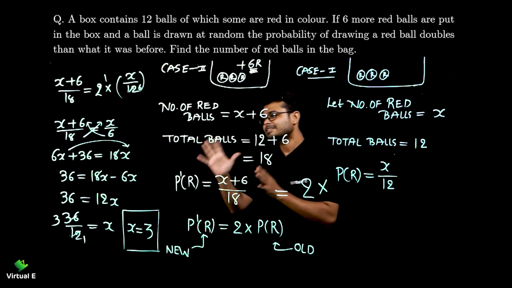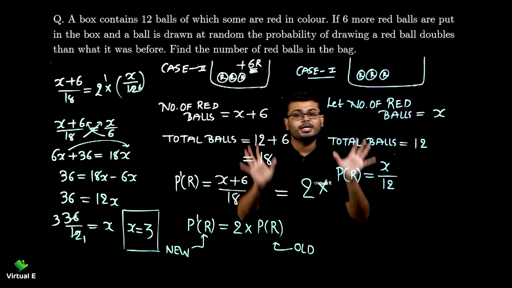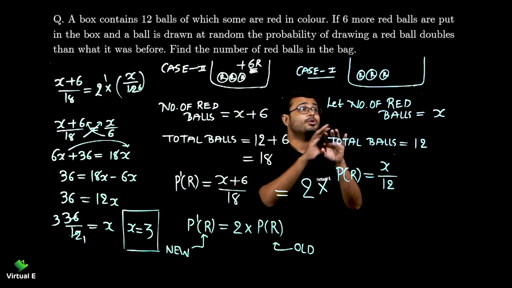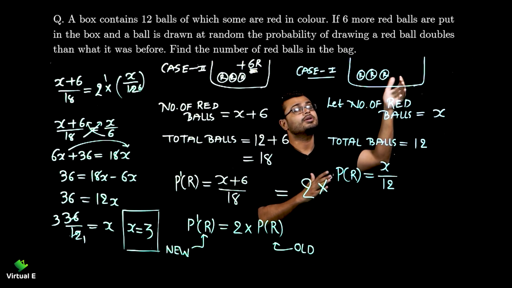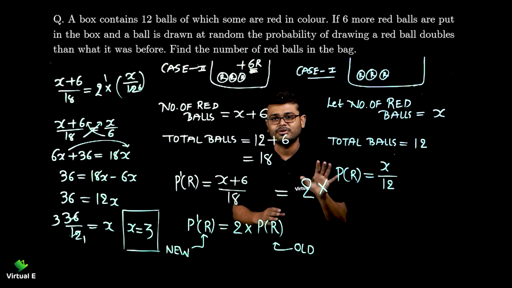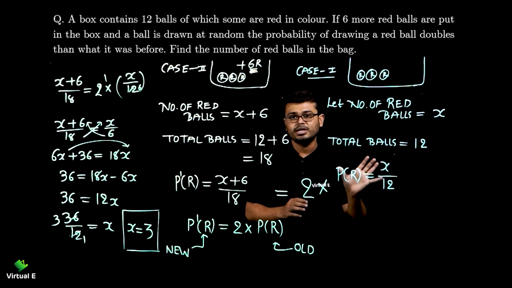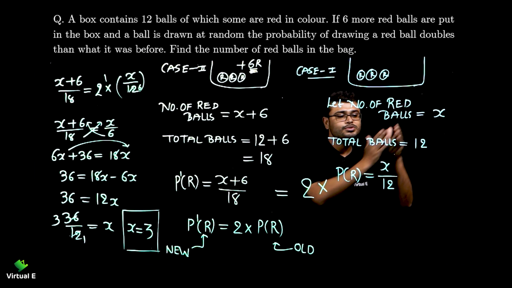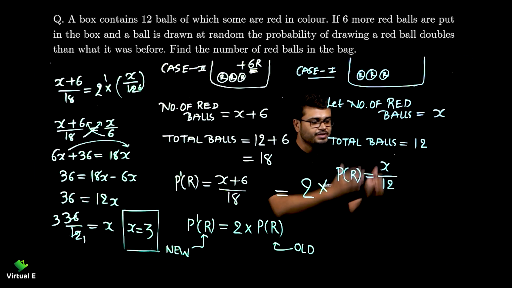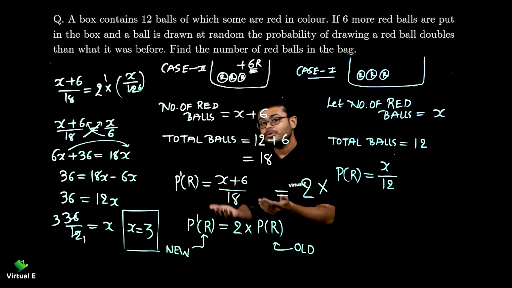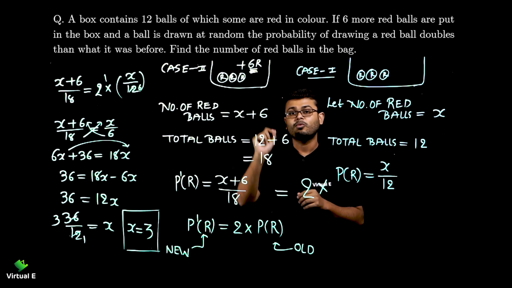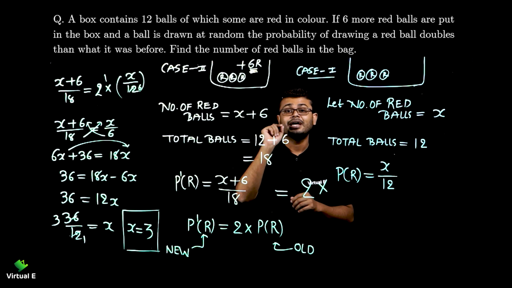So let's discuss one more time. There are two cases over here. Previously what we discussed was blue and red balls. Here no information is given about other balls in the bag, only about the red balls, right? So this is case 1 where you have the initial condition. There are x number of red balls and 12 balls in total, so the probability will be x by 12. But afterwards, you add 6 balls into it, and specifically it is mentioned that the color of the balls is red.